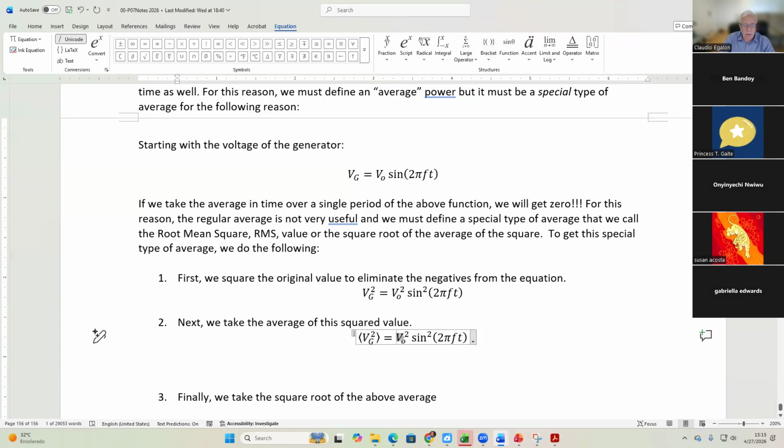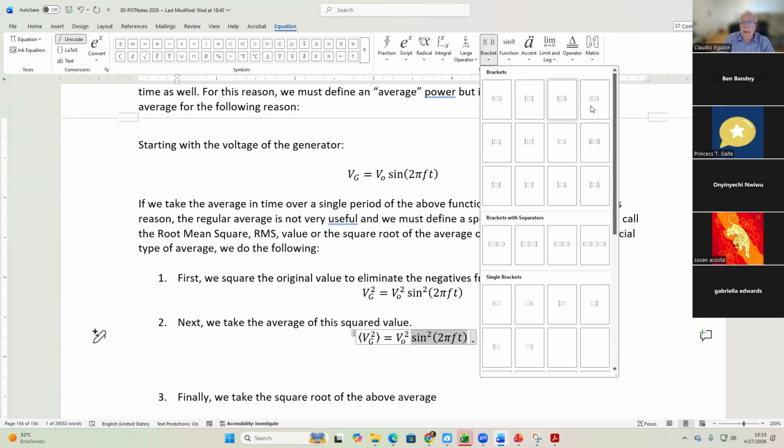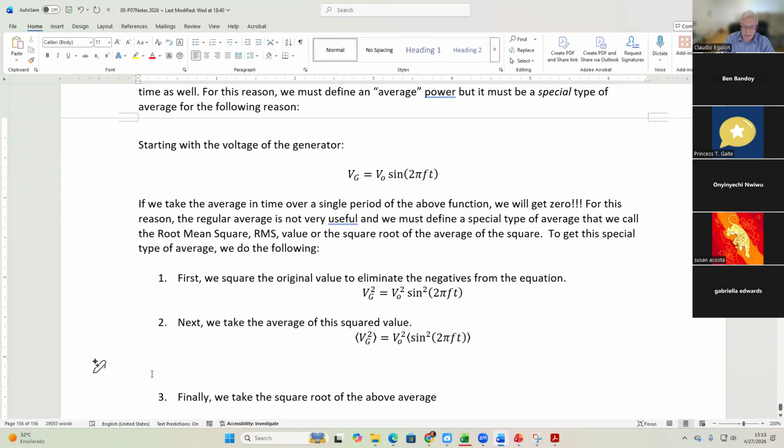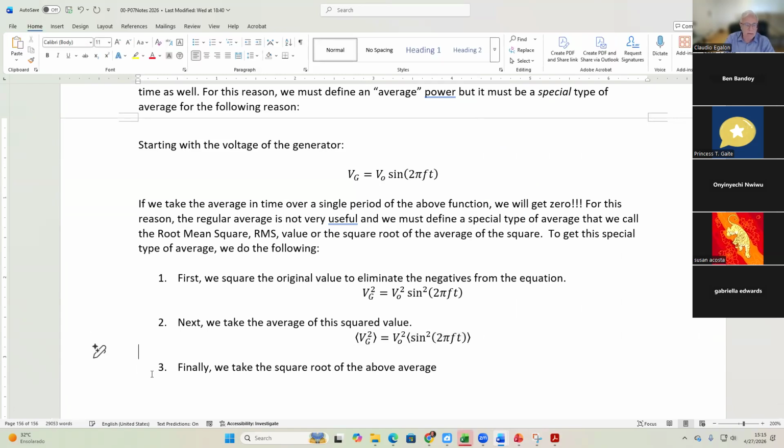Okay. This one is a constant. So the average of a constant is going to be the constant itself. That's the symbol for the average, the pointed bracket, the triangular bracket, whatever you call it. And finally, we take the square root of the above average.